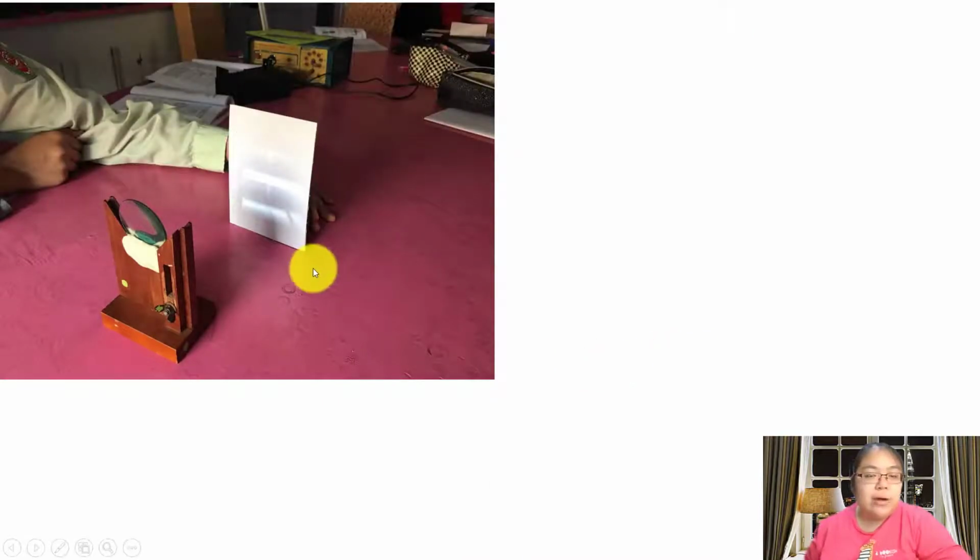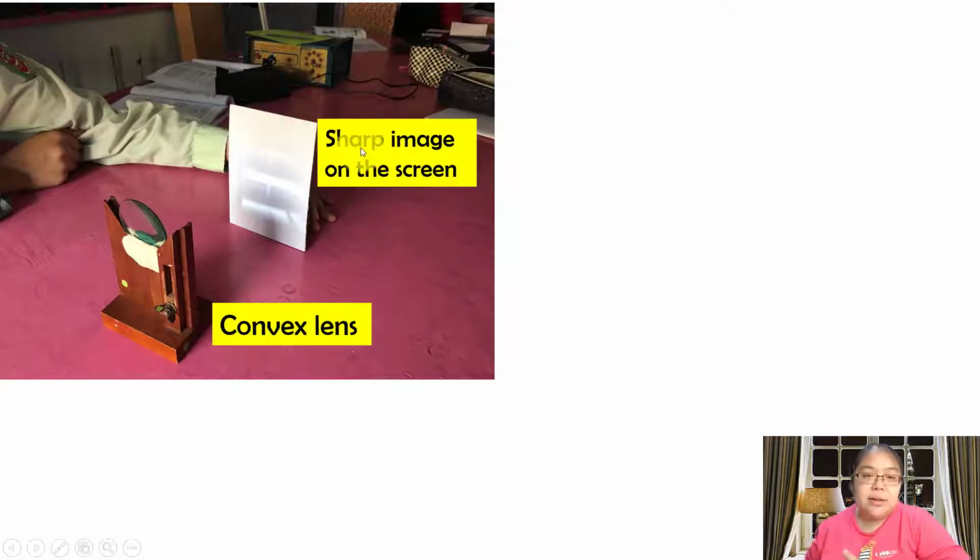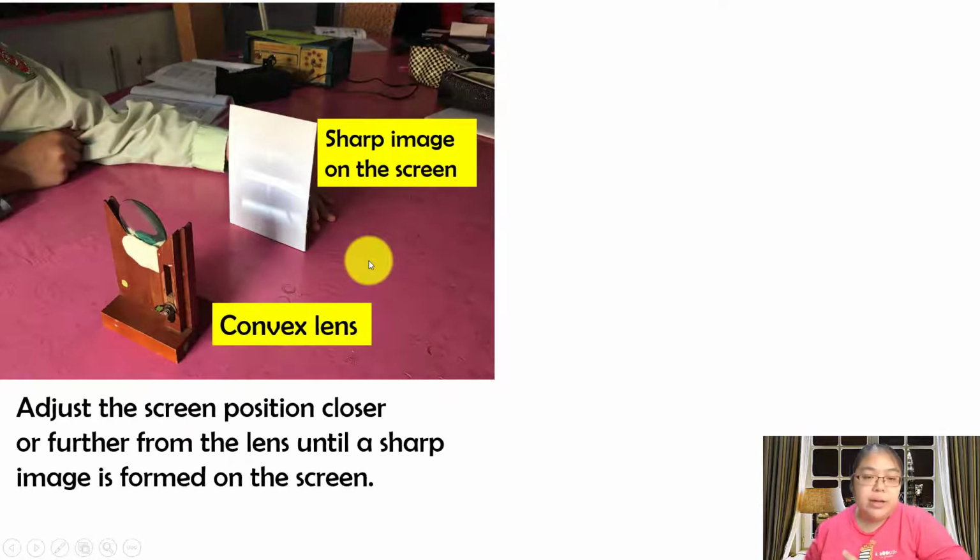Now this is one example where students do the activity, or you can say the experiment. They want to find the image. So the lens is here, and the object is the window. Then they need to adjust the screen until you get a sharp image of the window. They are using a convex lens. So this is a sharp image on the screen.